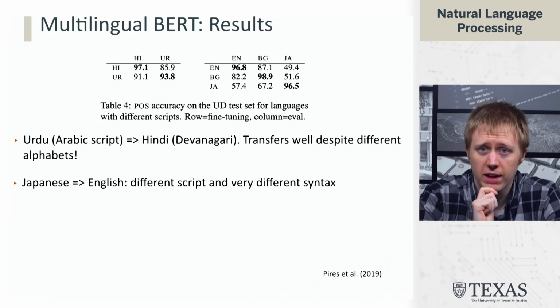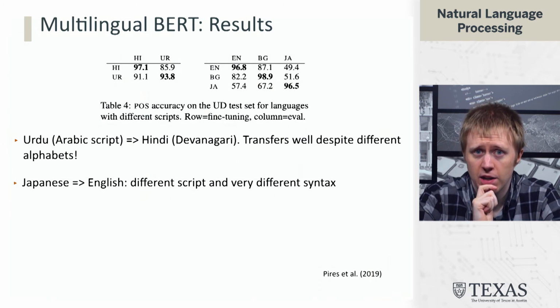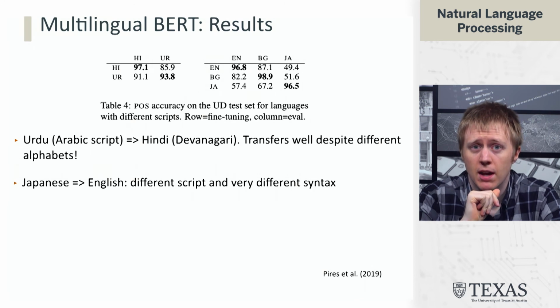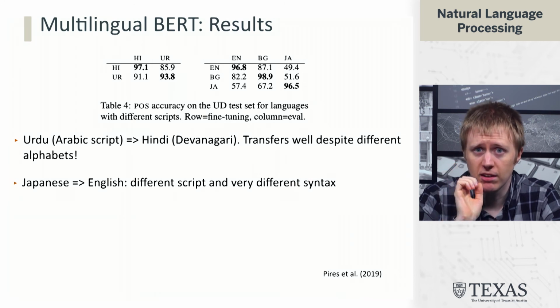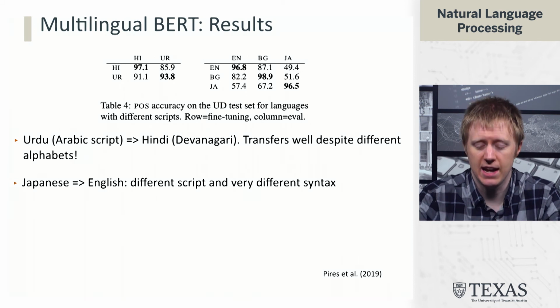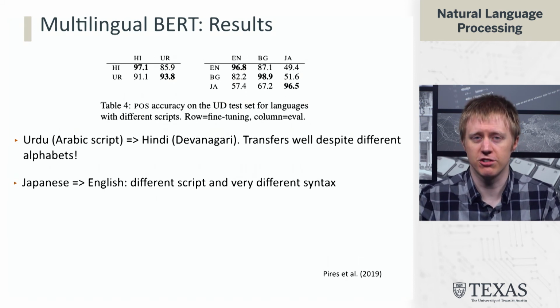But the cool thing is that this actually works well transferring between different scripts as well, such as Urdu to Hindi, which are written in two different scripts. And same for Japanese to English. So there's obviously some performance cost to this, but we could train a tagger for English and transfer it to Japanese or vice versa.